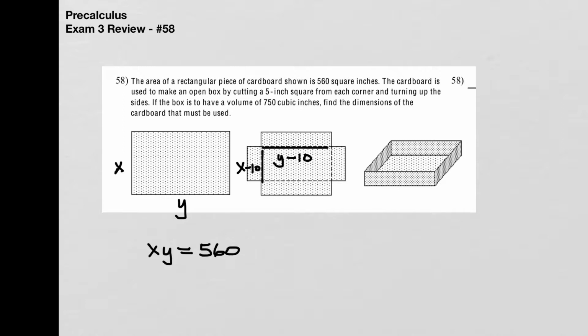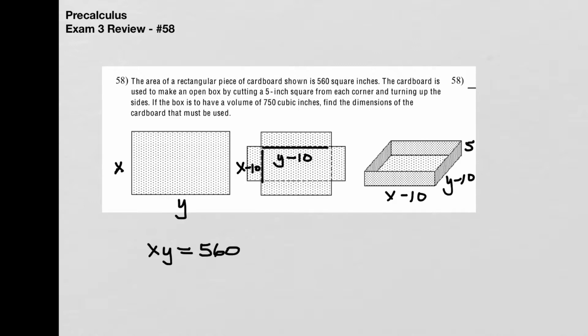So now we've got x minus 10 and y minus 10 for the base of the box, and we know that the height of the box is 5 inches.